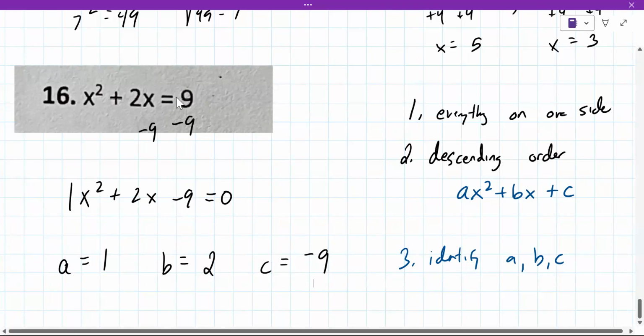Well, you could get a problem where the 2x is on the other side and you have to move it over. So the descending order tells you that x squared comes before x comes before c. You want it in descending order, meaning highest degree power first, then the power of 1, then no powers of x. Okay.